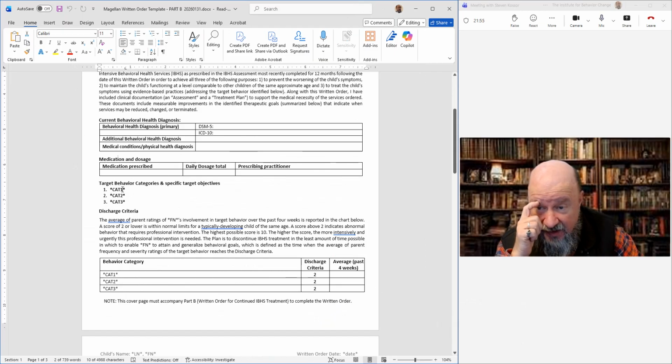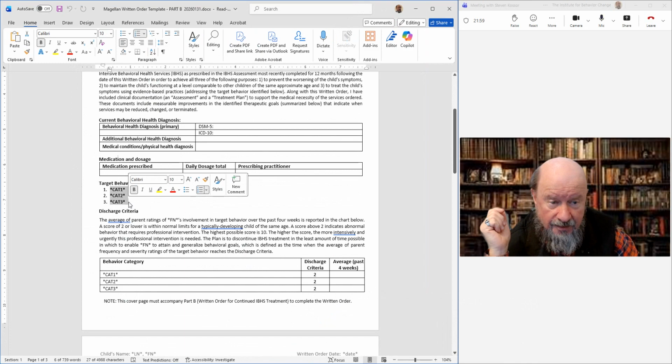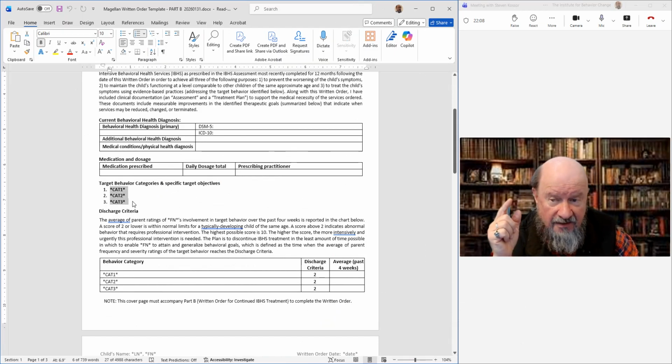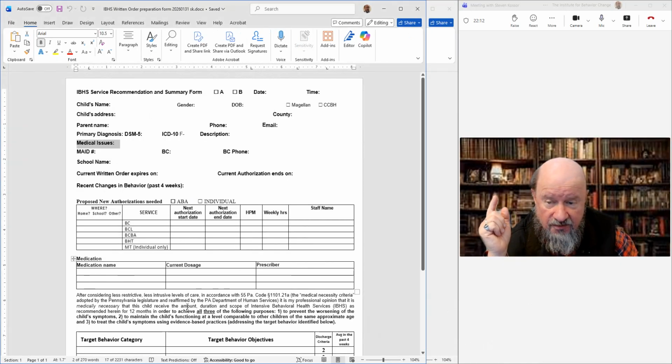When you identify the category of behavior, they can't overlap. They have to be different. So down here again, you see the same behavior category. And the identified target behavior is going to be copied from this section of the form.